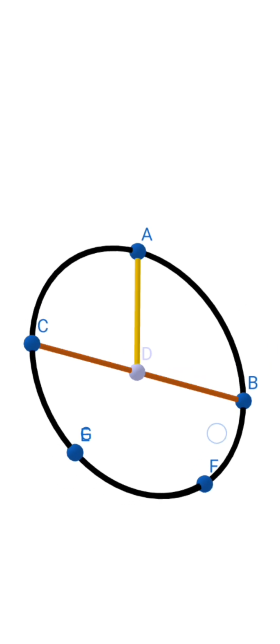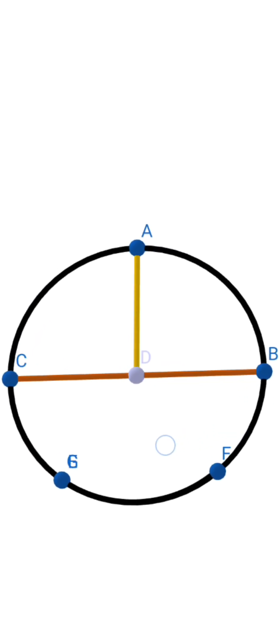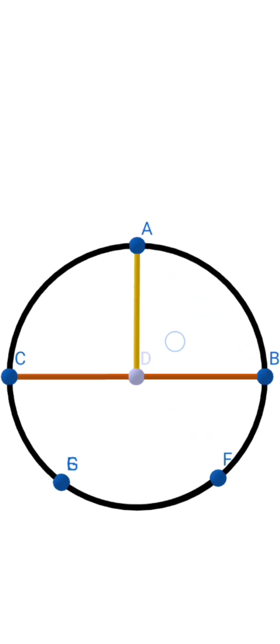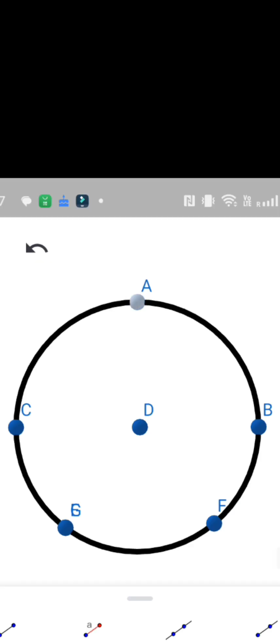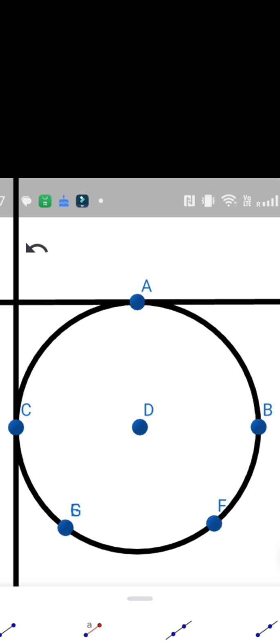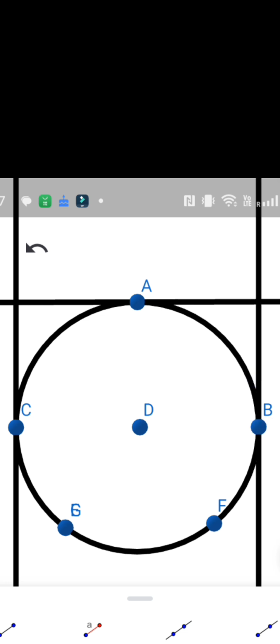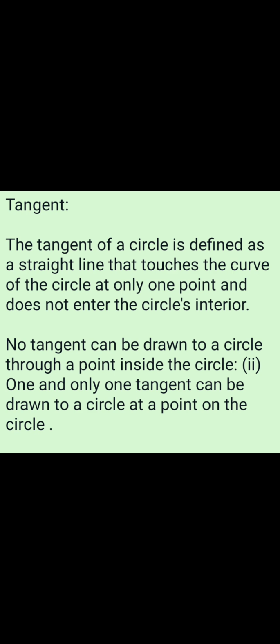So let's take the example of another line, which is called tangent. Tangent is a line which touches the circle at a single point, and it does not bisect or cross the circle. As you can see, we have taken many points on the circumference of the circle, and if we draw any line which will be touching the circle only at one point, then it would be called a tangent.